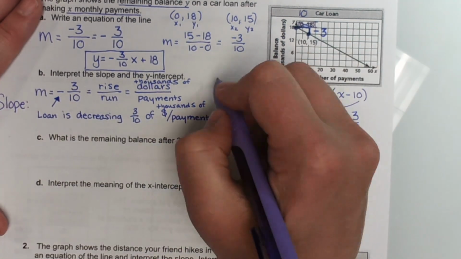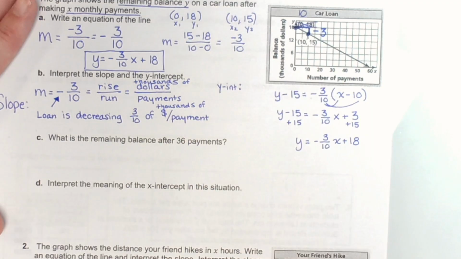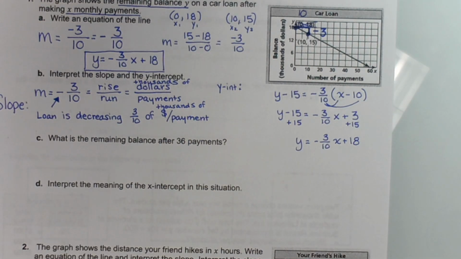Note how it also says interpret the y-intercept. Y-intercepts should be fairly straightforward with your interpretation of them. Because every single y-intercept in existence has one thing in common. The first digit in its coordinate point is 0.